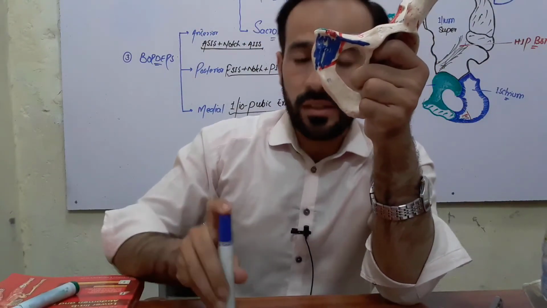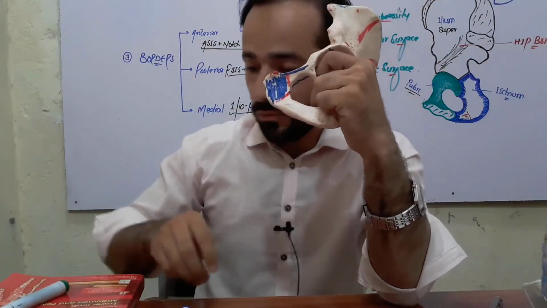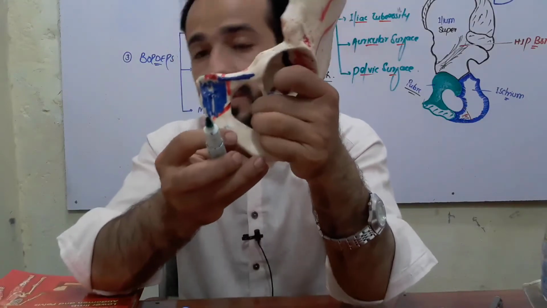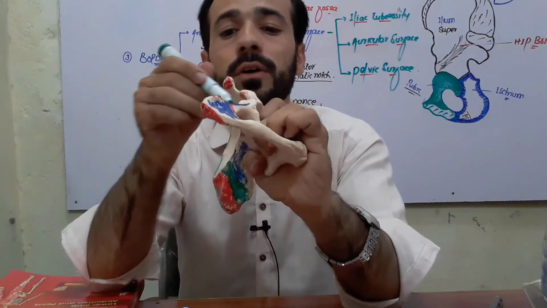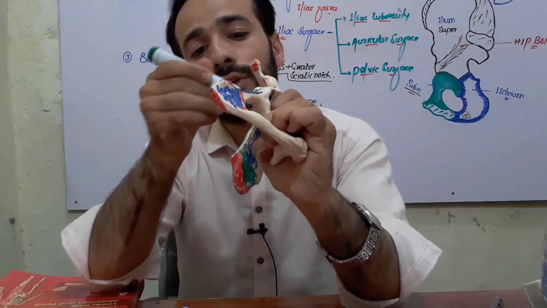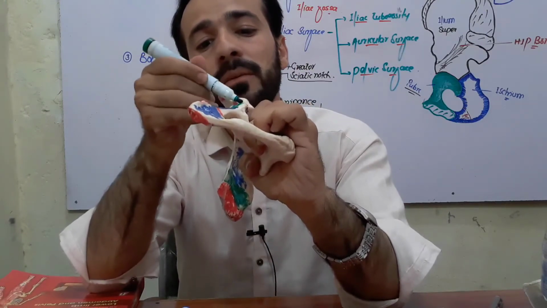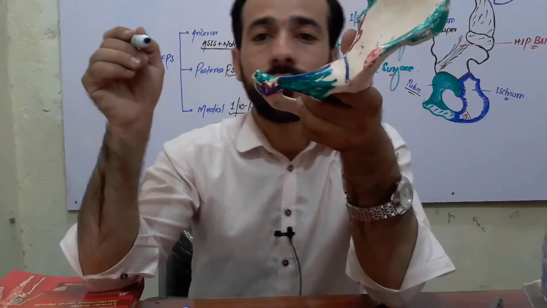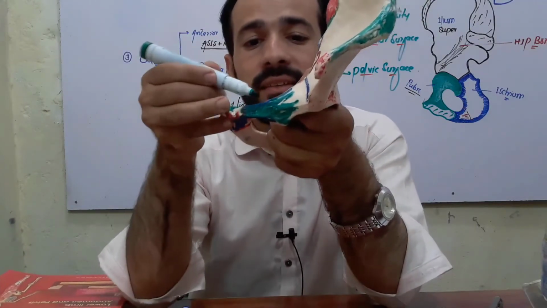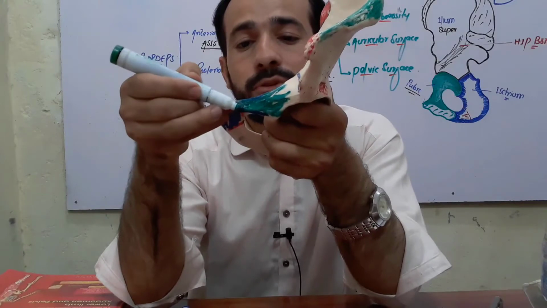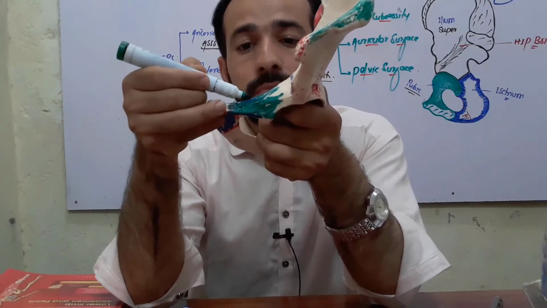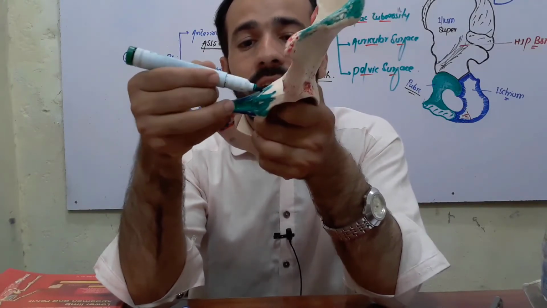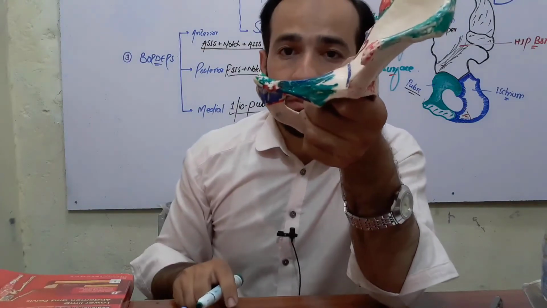Then there were three surfaces. The first was the pectinal surface, which I am showing with green color. This is the pectinal surface of the pubic bone, between the pectinal line and the obturator border.